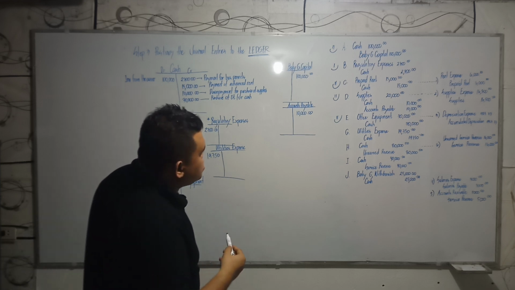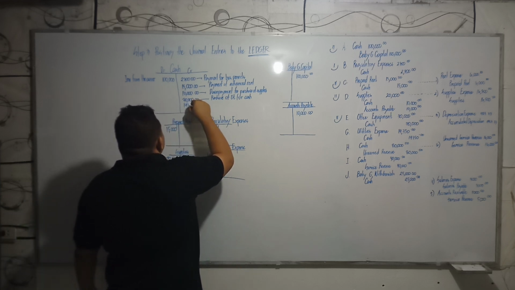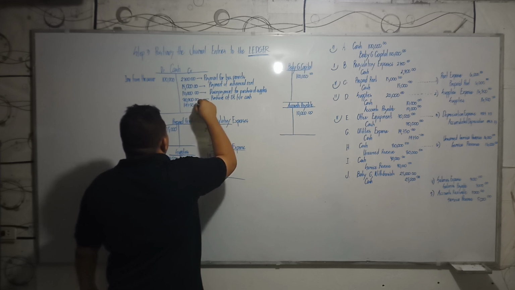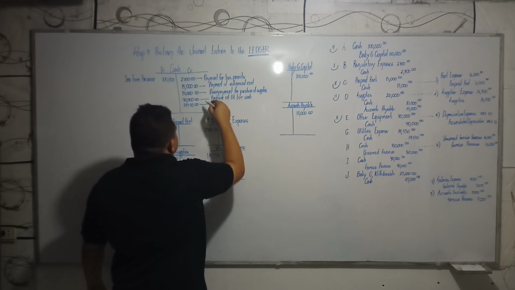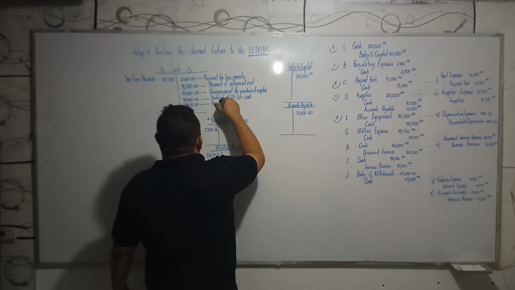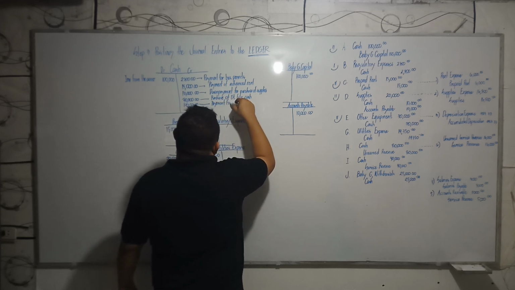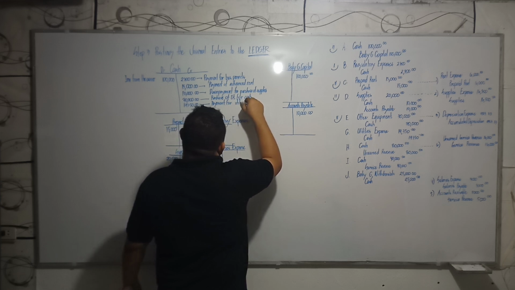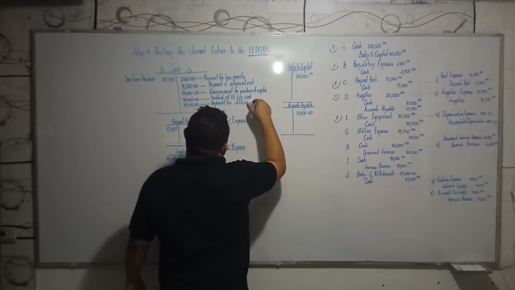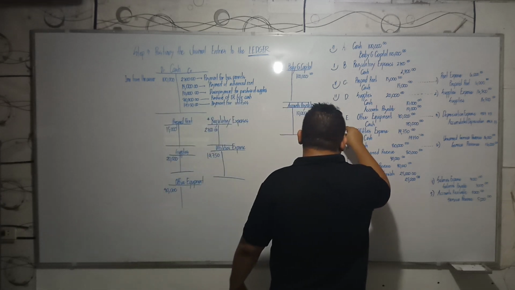And then since it has been paid for using cash, we have here 19,750.00. That's payment for utilities. So it's clear. So we have letter G finished already.